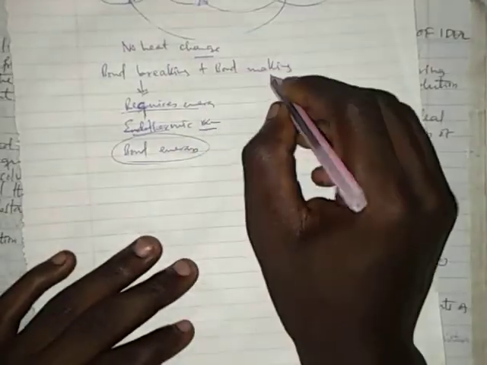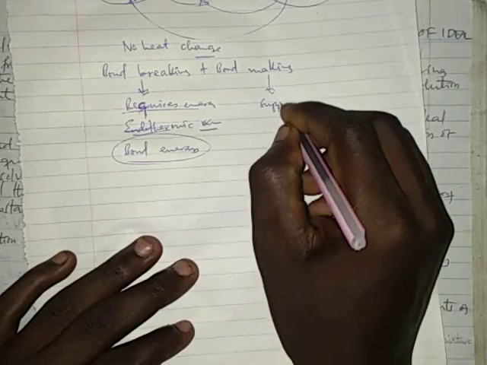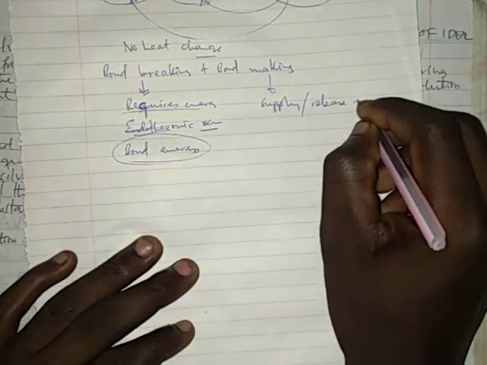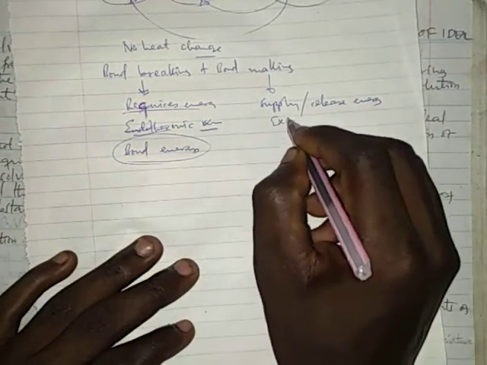In other words, bond-making reactions tend to supply energy, or release energy to the surroundings, and thus the reaction is exothermic.